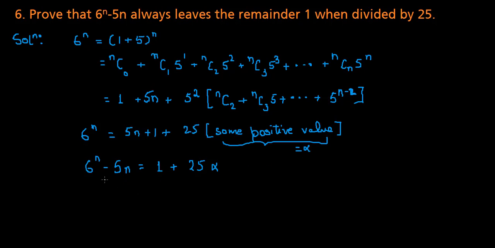So when we divide 6 raised to the power of 5n by 25, we get the remainder 1. This follows from Euclid's division lemma. So this is proved.